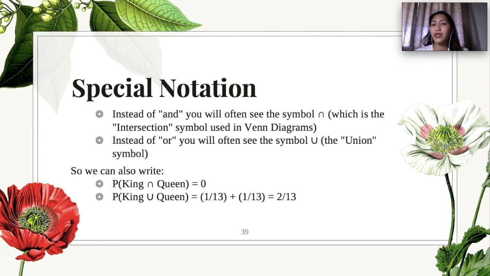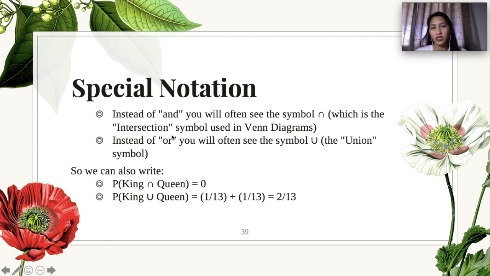Ngayon, pag-usapan naman natin yung special notation. So, instead of and, you will often see the symbol, ito, yan. Ang tawag dyan ay intersection, symbol used in Venn diagrams. So, instead of or naman, ang makikita mo dyan is yung U, which is the union symbol. So, kung and siya, ito yung kanyang symbol, para siyang letter A. Kapag or, para siyang, ayan, U, union.